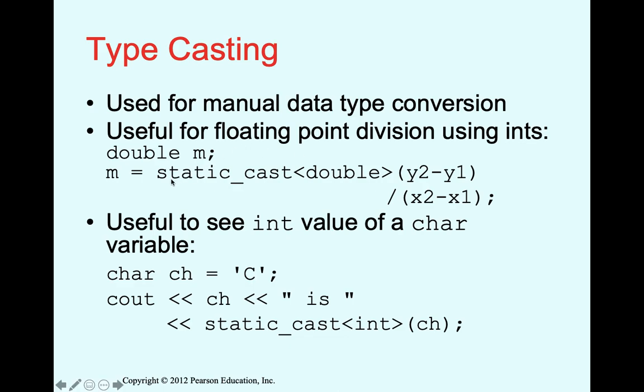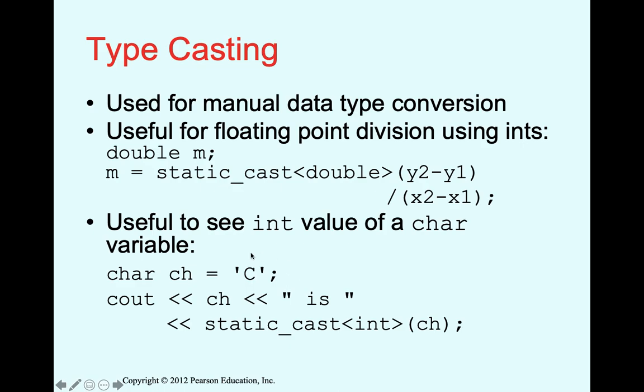In this case, you use static_cast<double> for this. This is an integer, but it will be converted into double. So static_cast<double> will explicitly change this value from integer to double. So if it was 5, it will be stored as 5.0, something like this.